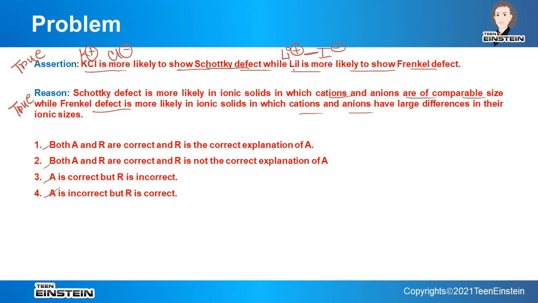And why lithium iodide shows Frenkel defect is the large difference in size between cation and anion. So that reason is already mentioned here. That is why the reason is the correct explanation of A. So which option should we choose? It is the first option: both A and R are correct, and R is the correct explanation of A. Okay.